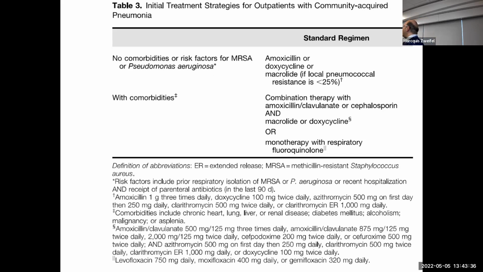Either quinolone alone or a mix of some macrolide or doxy and beta-lactam. But here for outpatient, you need to pick a beta-lactam that can be given orally. You see stronger recommendation for amoxicillin. So in the board, if they give you amoxicillin or doxycycline or macrolide and give you quinolone, don't pick the quinolone for yourself. Got it? So you and not you.